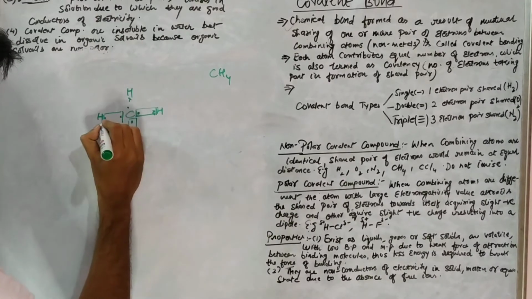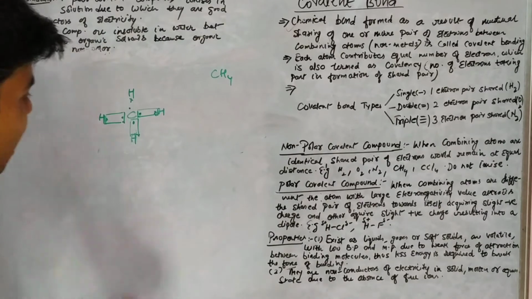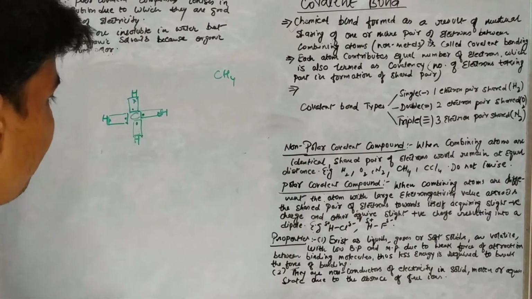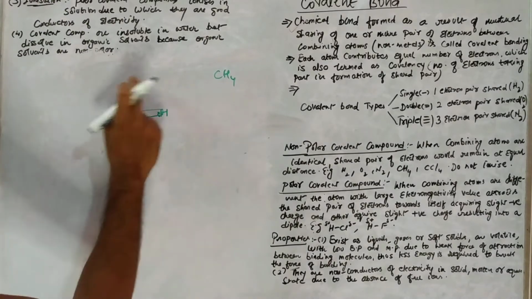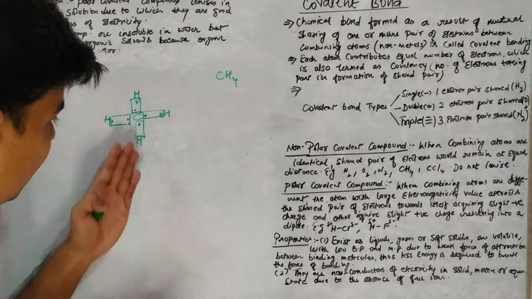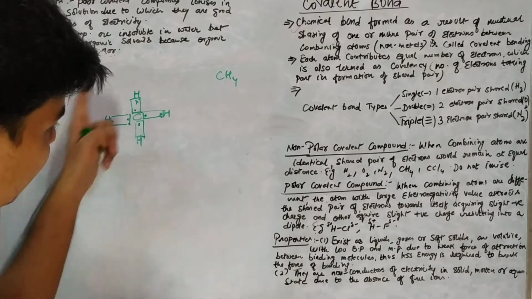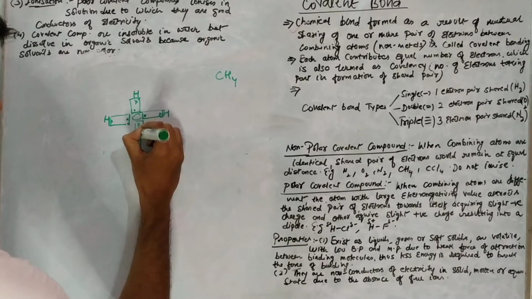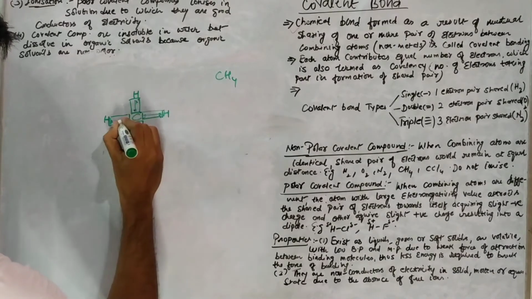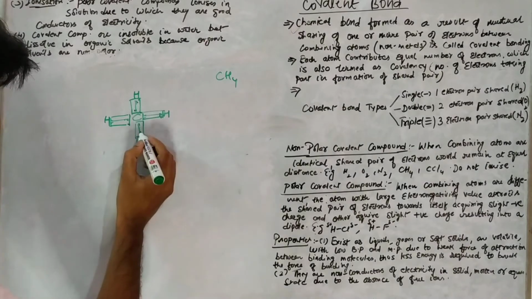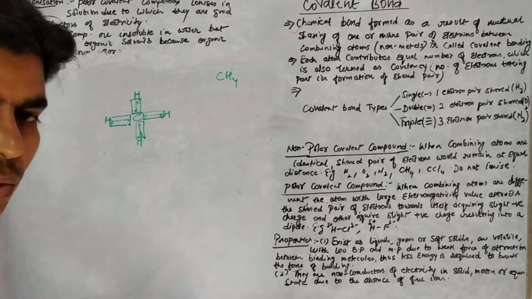This hydrogen atom will also share an electron with the carbon atom, and so will this one. So all these hydrogen atoms, after sharing 1 electron with the carbon atom, have acquired 2 electrons. So all hydrogen atoms have become stable. Now all 4 are shared pairs, so each shared pair belongs to hydrogen as well as to carbon.